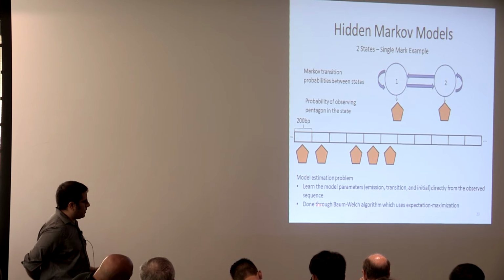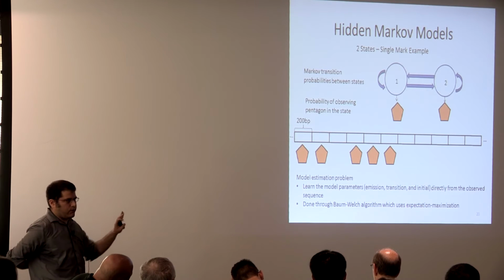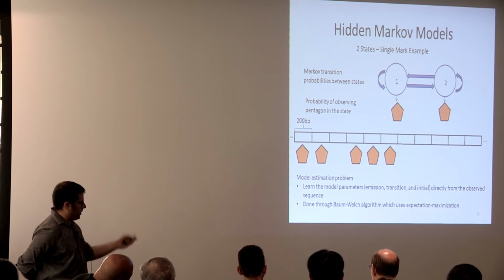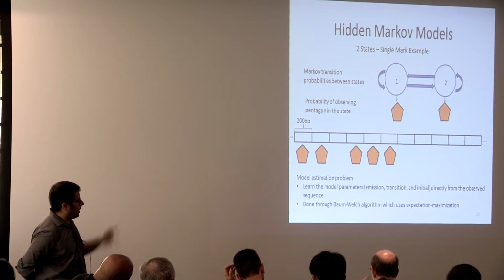And again, this is done through a well-known algorithm called Baum-Welch, which makes use of ideas of expectation maximization, for those who are familiar with those terms. If you're not, you could read more about this in that same tutorial, but I won't go into the details here of the exact algorithmic steps.